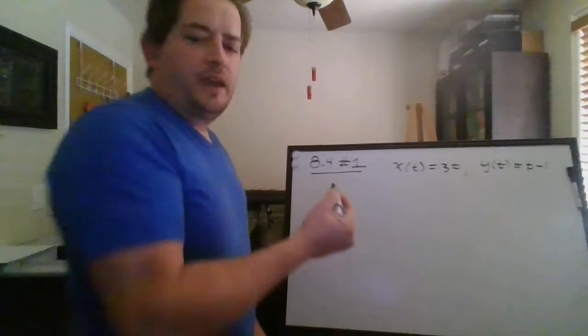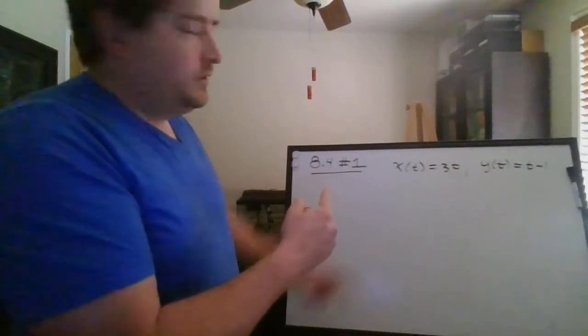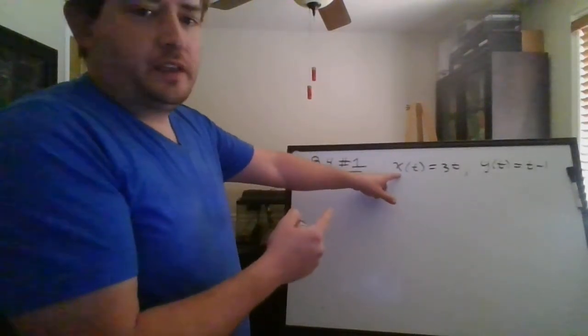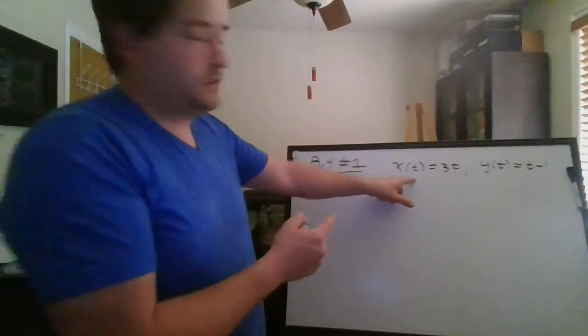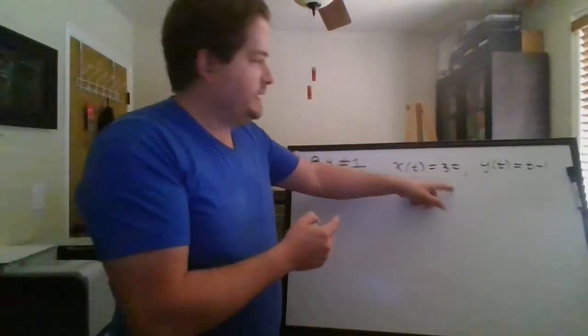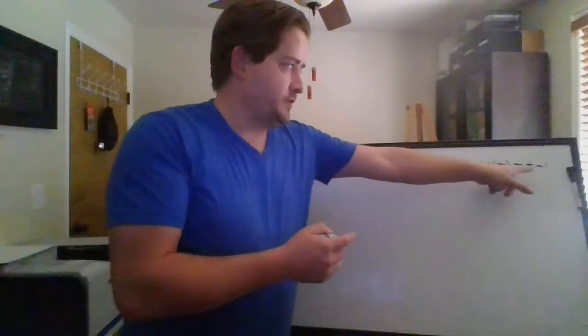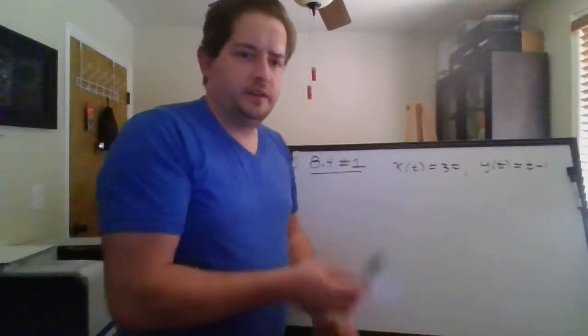Okay. So I have these two functions essentially. X is a function of t, given by 3t. Y of t is another function of t. It's essentially t minus 1.